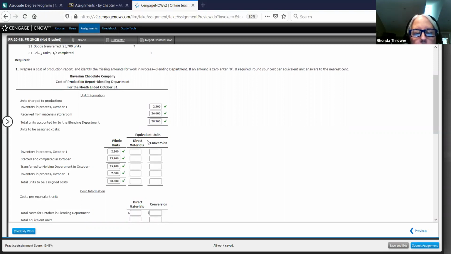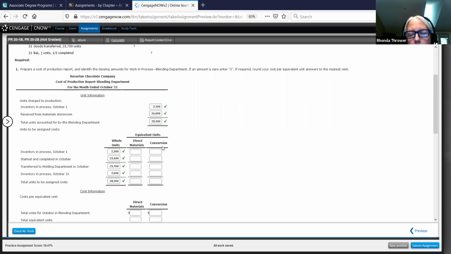It's important that you remember your conversion costs that we learned about in chapter 18 are your direct labor and your factory overhead accounts. So if you remember, your total manufacturing costs are your materials, your direct labor, and your factory overhead.